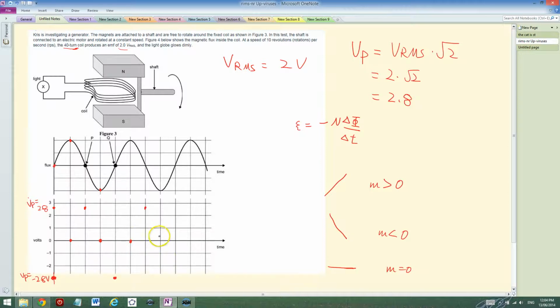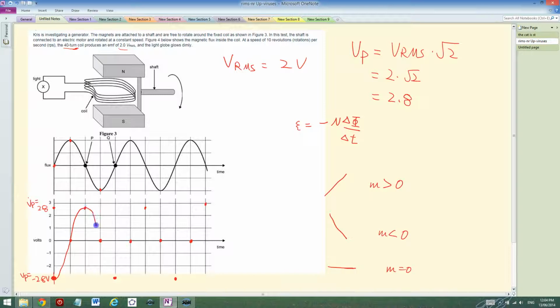And then you will find, then you will have your graph. When we're connecting the graph, remember it's a sine wave, so don't draw straight lines.